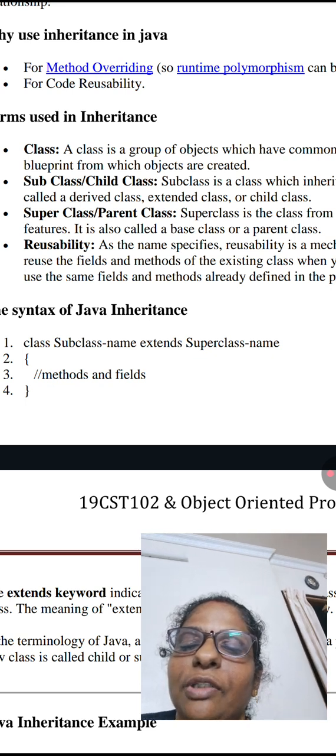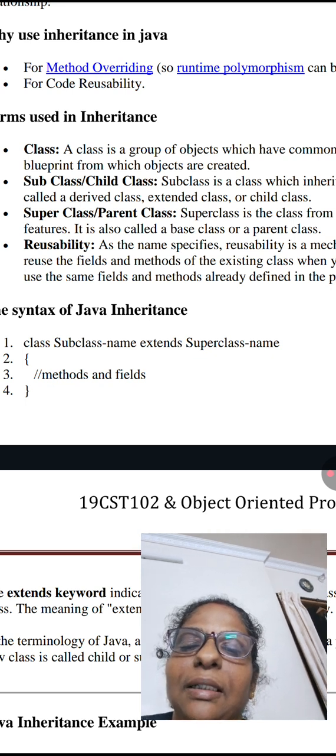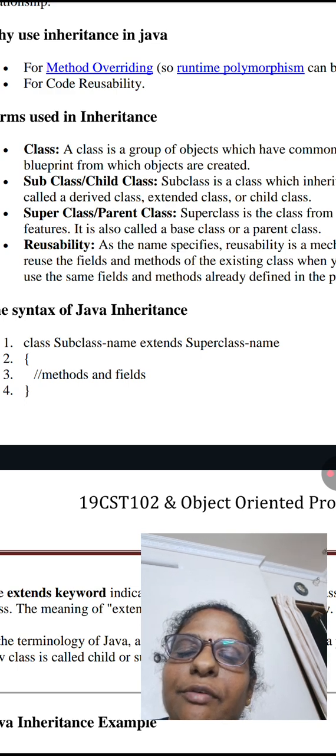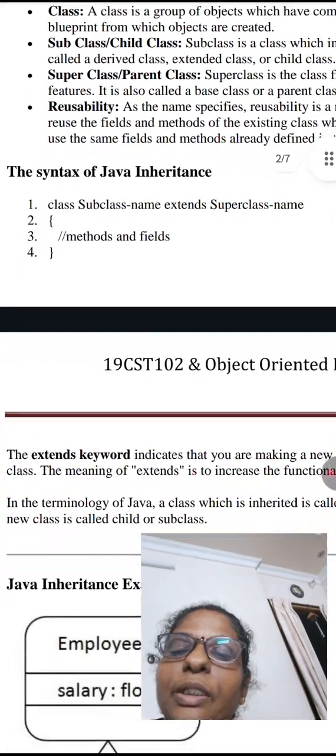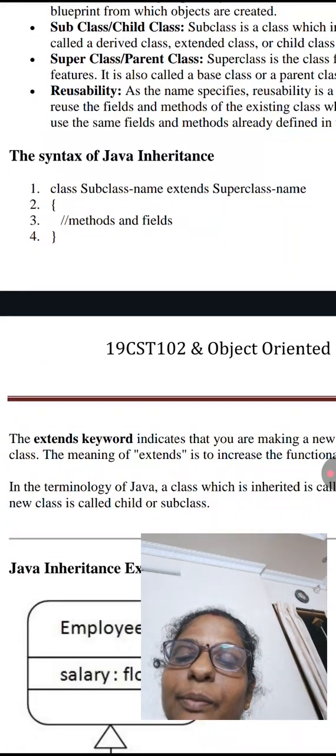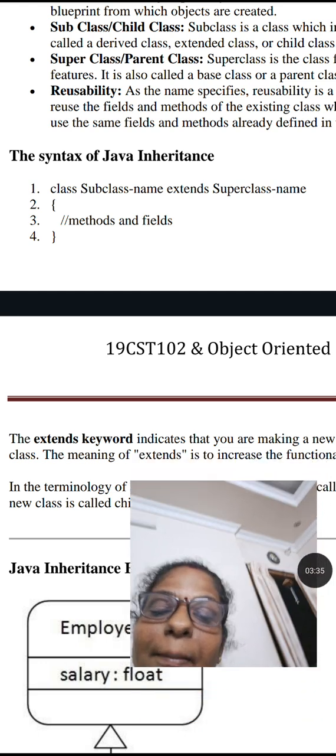So the syntax of Java inheritance: class subclass-name extends superclass. So in a method and a field, we can use one superclass, and the subclass extends from the superclass. Superclass is nothing but the parent class.